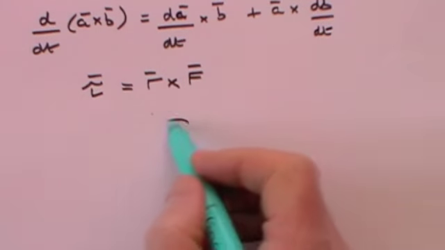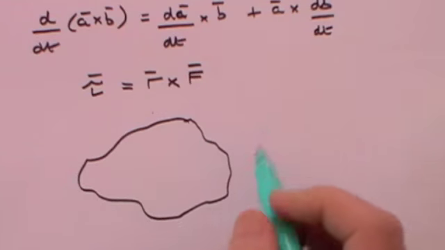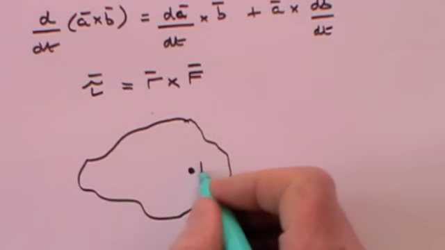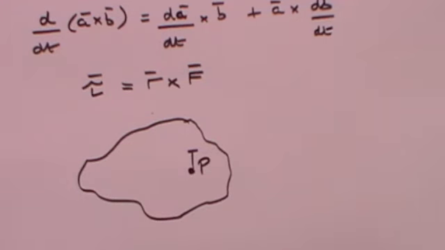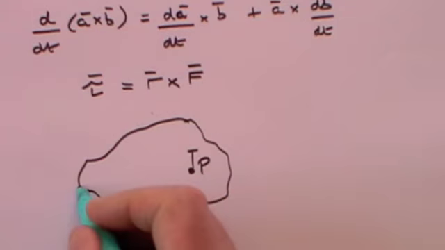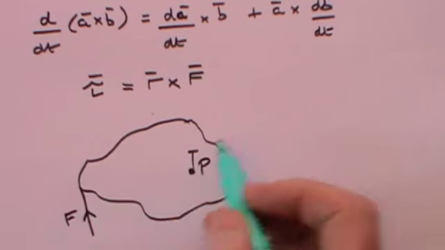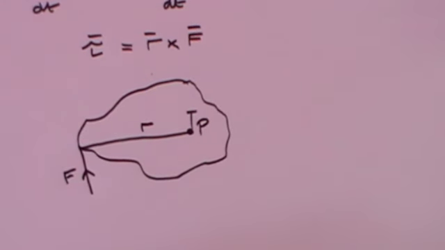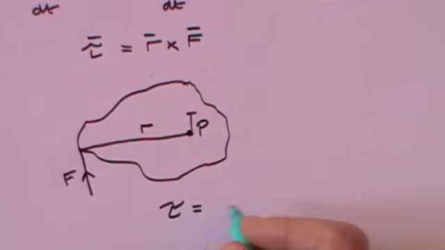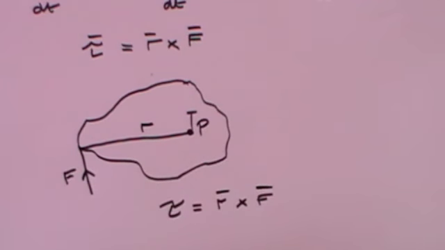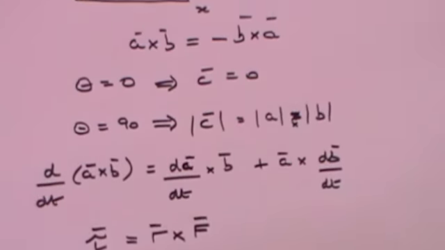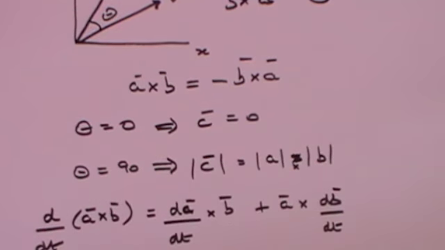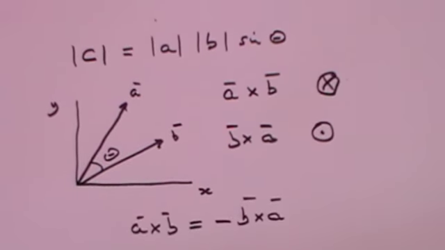So if you have some kind of shape which you're going to pivot about point P, in other words, you stick a pin in the wall, pin this shape to the wall, and the whole thing can rotate around P, and you apply a force F at a distance R from the pivot point, then the torque is given as R cross F, and the magnitude of that torque will be determined by the formula up here.